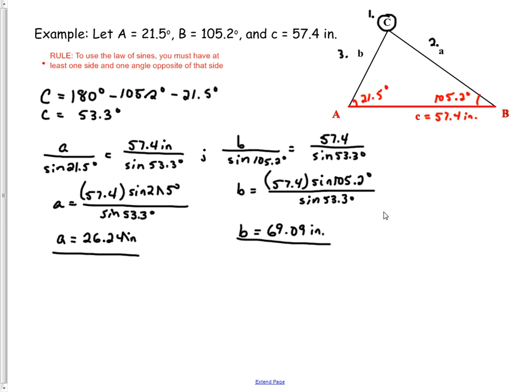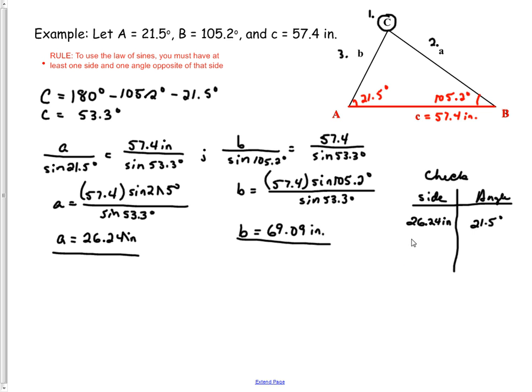And again, we should check that situation by using a little table right here. So I'm going to put my side and my angle side by side so I can compare and see what works. If I do that, well, side A we found to be 26.24 inches, and angle A was 21.5 degrees.